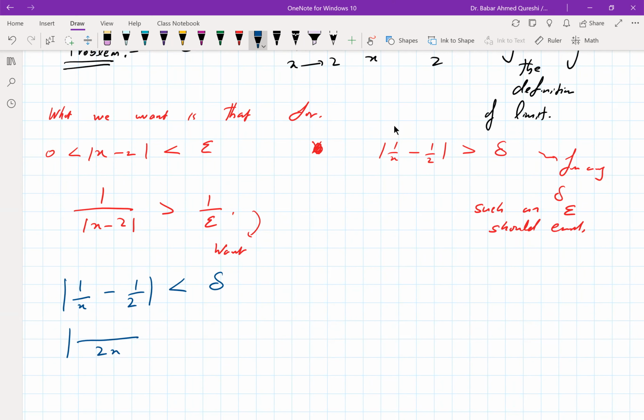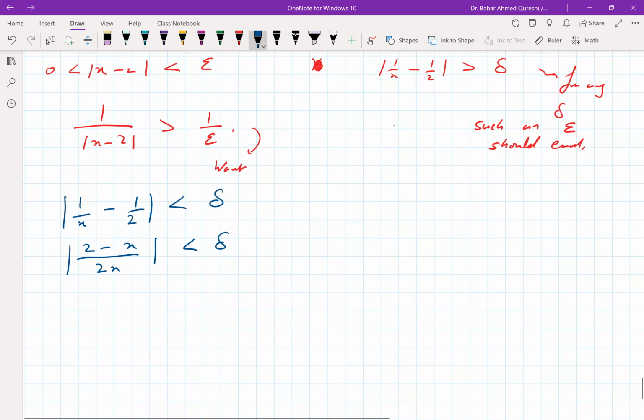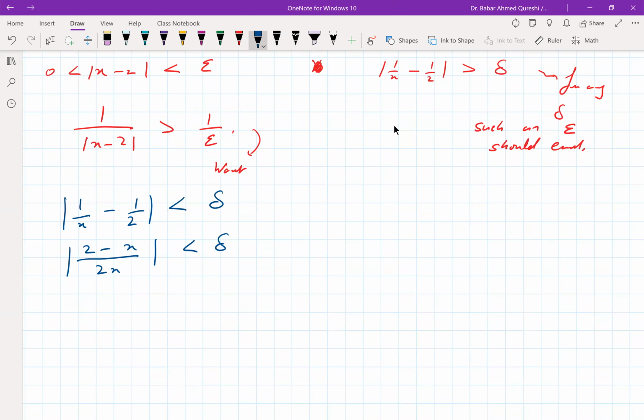So if I look at this inequality, I can write it like, because there's an absolute value which breaks up, and in the absolute value you can absorb the minus signs.